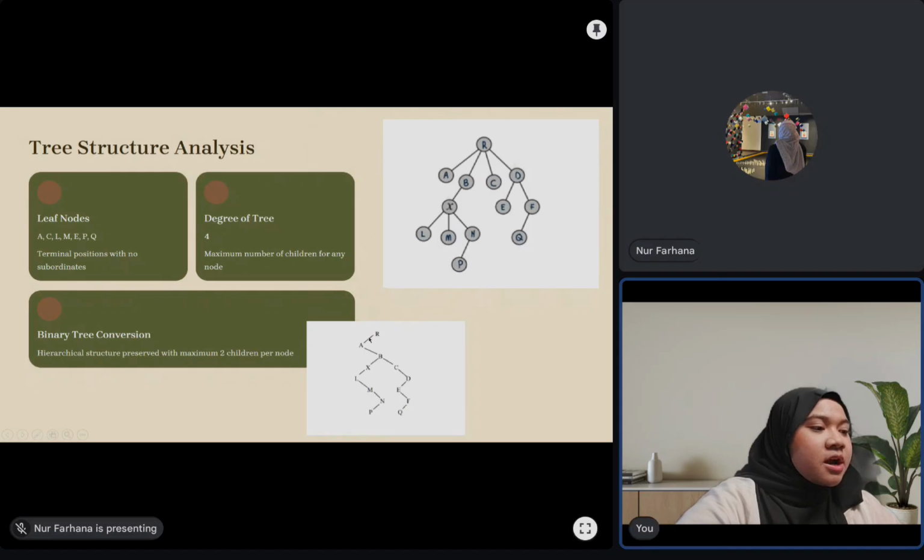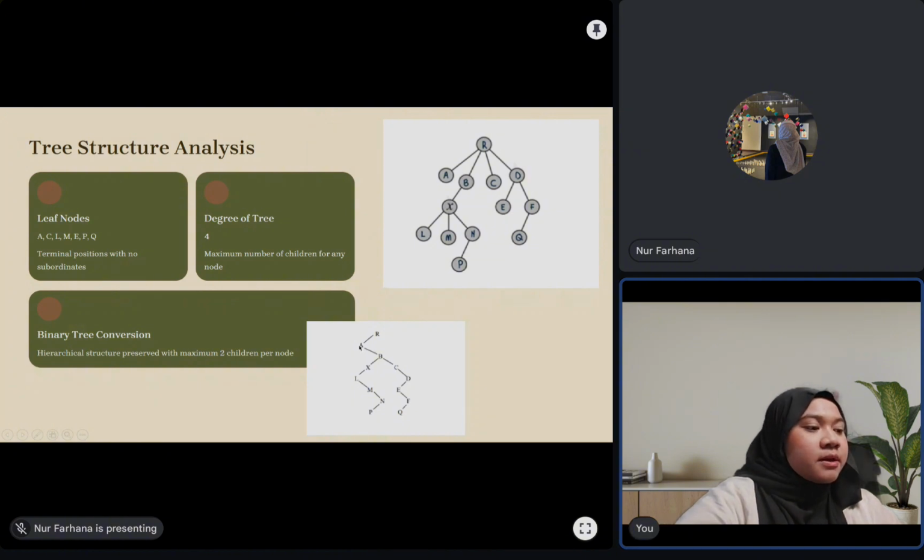From this, R is the parent, so A is our child. We need to go to the left with A, and B is the sibling of A.